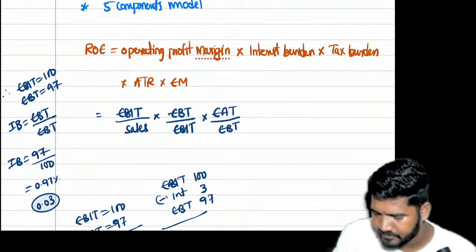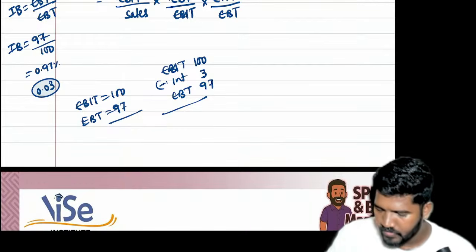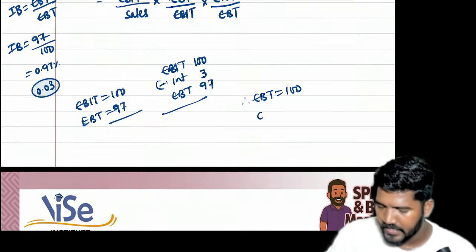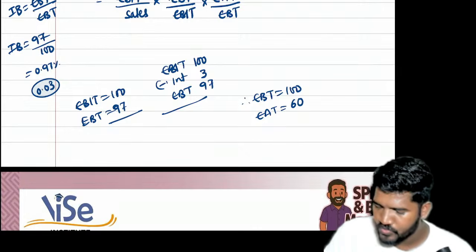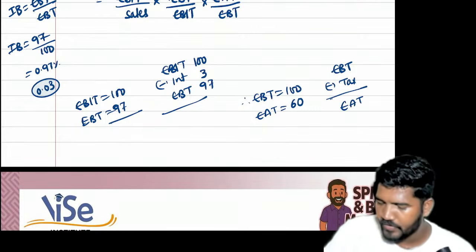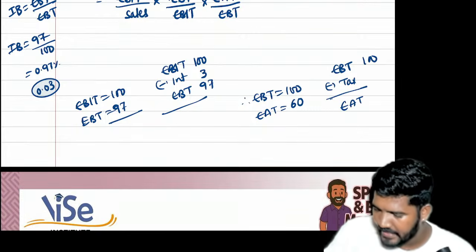Next, tax burden is EAT divided by EBT. Same logic. For example, EBT equals 100 rupees, EAT equals 60 rupees. EBT minus tax gives you EAT. Now EBT is 100, EAT is 60. What is the tax? 40.